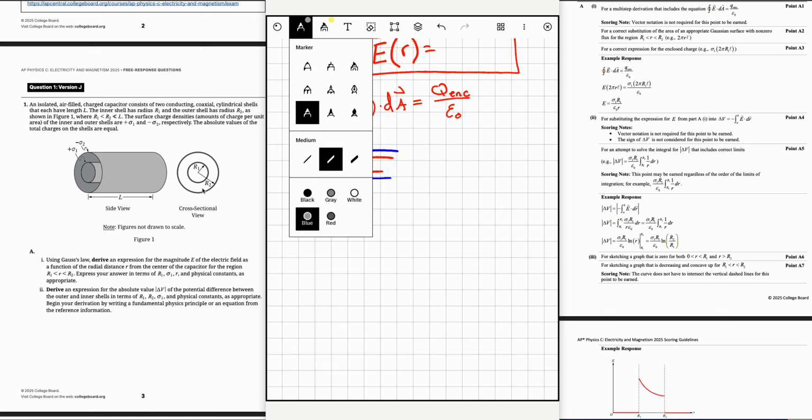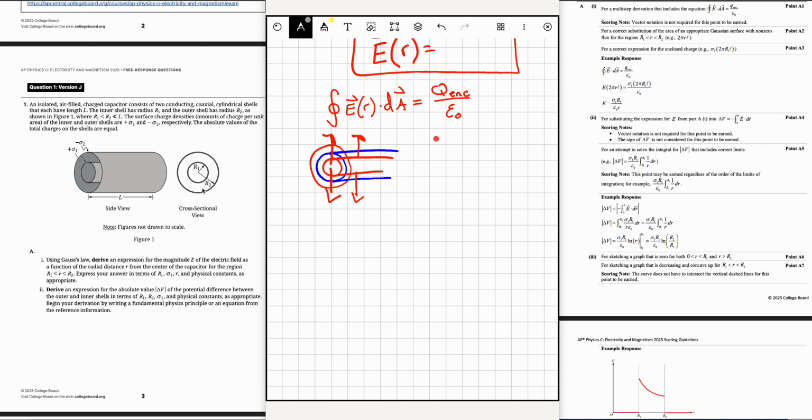Now we need to figure out what the area of that is. Well, if you take a cylinder and you sort of unroll it like that, you get a rectangle. And what's this top line going to be? Well, that used to be the circumference of the circle, so it's 2πr. And what's the length here of our cylinder? Well, that was given to us as L. So the area of our Gaussian cylinder is 2πrL.